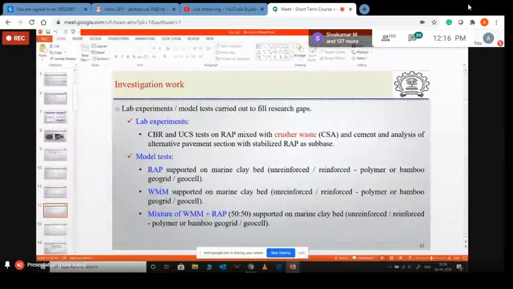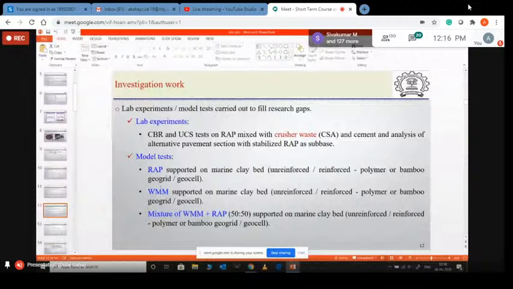So to sum up the CBR and UCS test categories, the general observation was that RAP and waste from the crusher with about 4% cement satisfied both the CBR and UCS requirement for use as sub-base for flexible pavement.